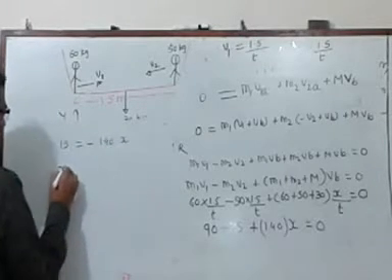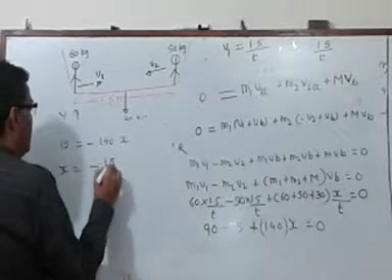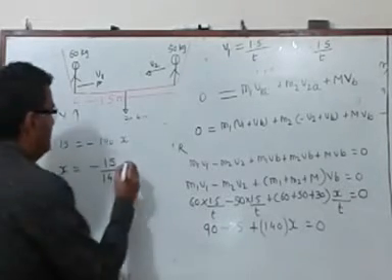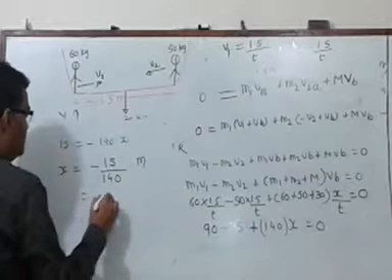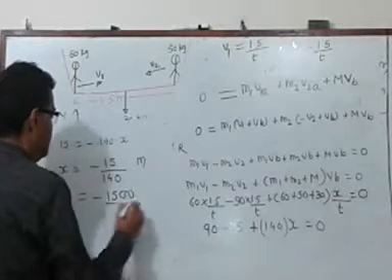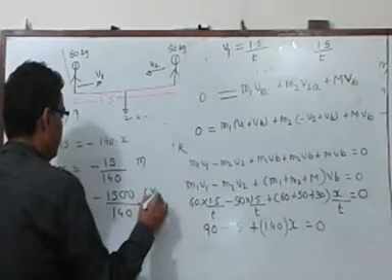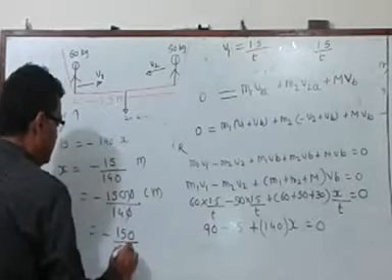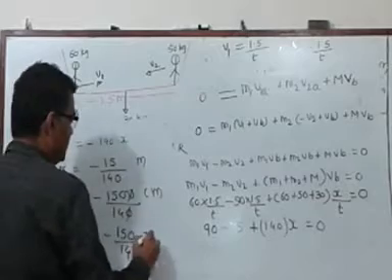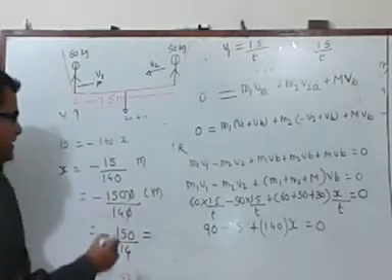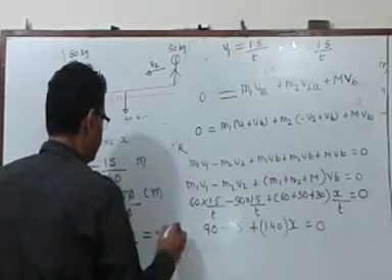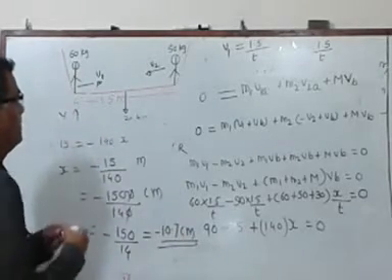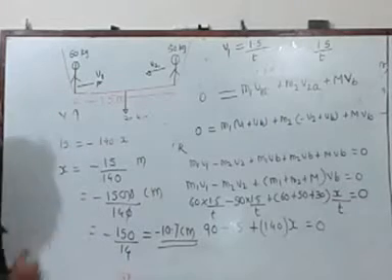That gives me x as minus 15 upon 140. This is in meters, that is minus 1500 upon 140 centimeters. Again, if you remember, minus 150 upon 14 is what we got in the previous method, and the answer is 10.7 centimeters. The negative sign indicates that the boat has moved to the left.